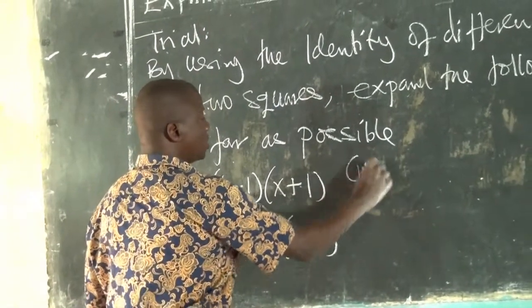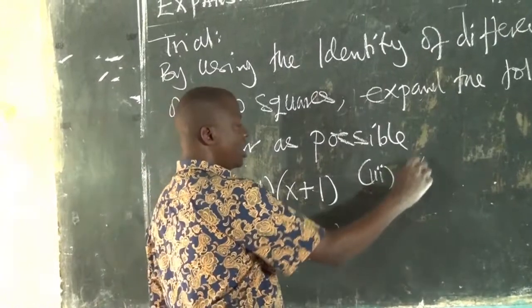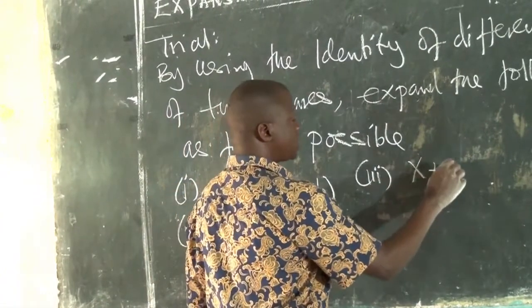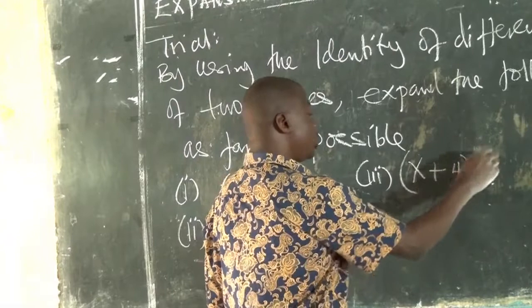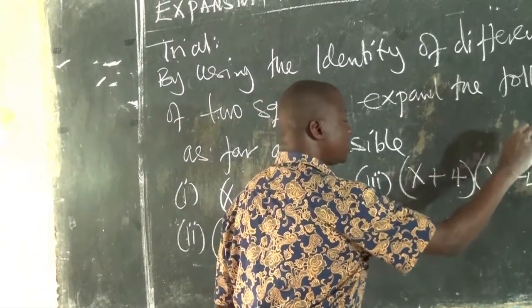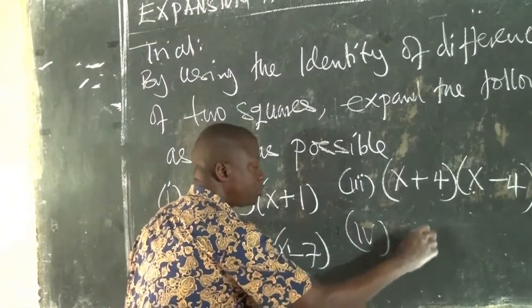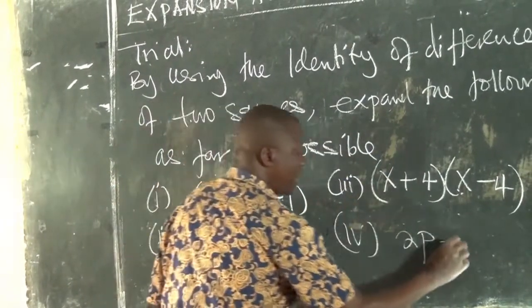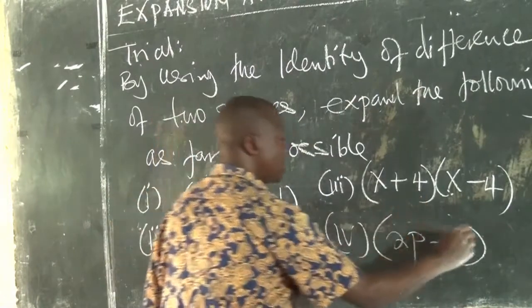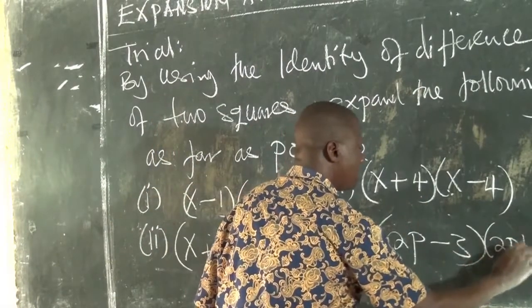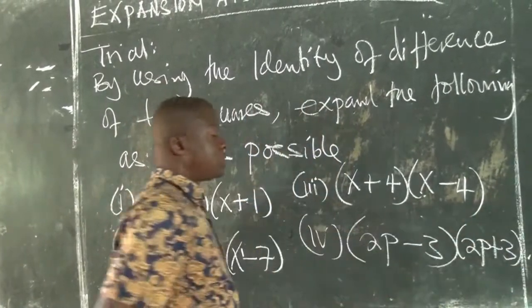Next, we have x plus 4, then x minus 4. Next, we have 2p minus 3, then 2p plus 3.